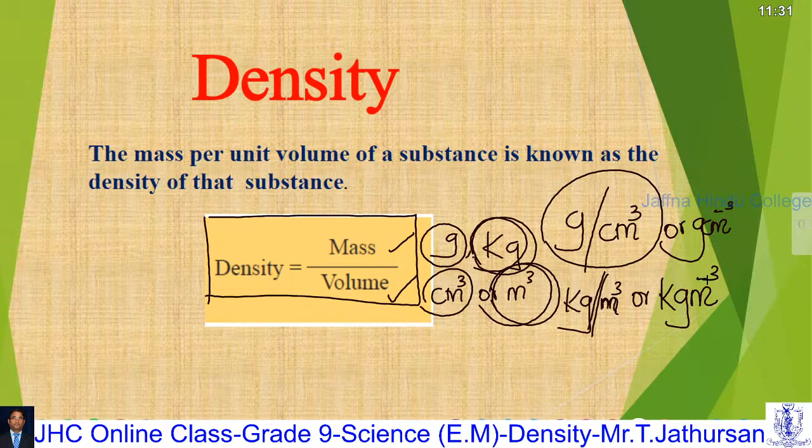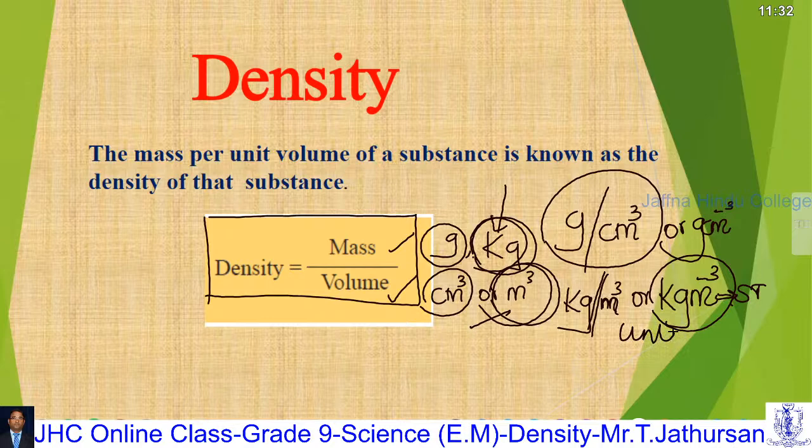What is the SI unit of mass? Kilogram. What is the SI unit of volume? Meter cube. So, kilogram per meter cube or kilogram meter minus 3 is the SI unit of density.